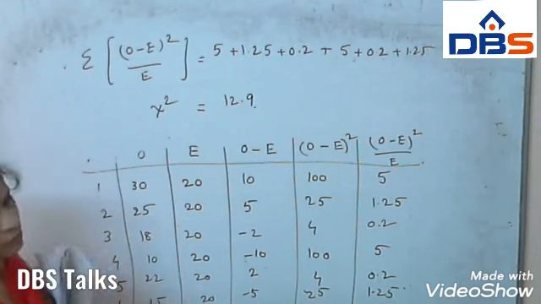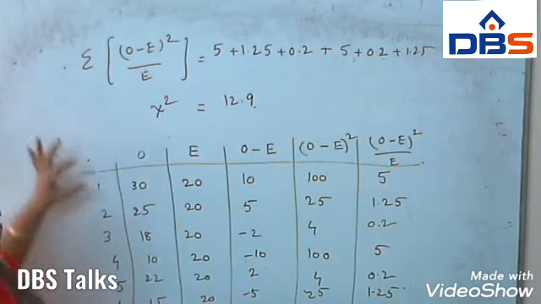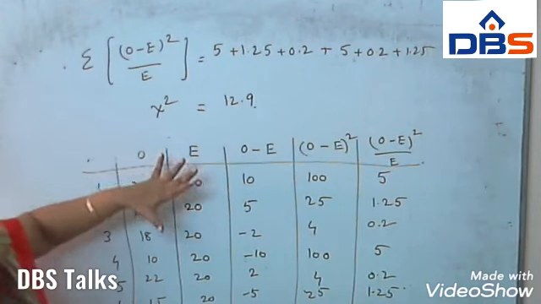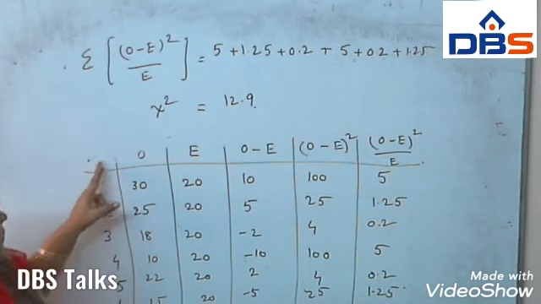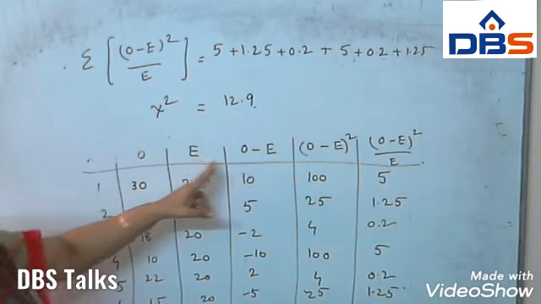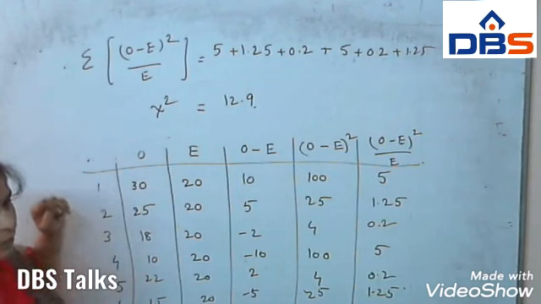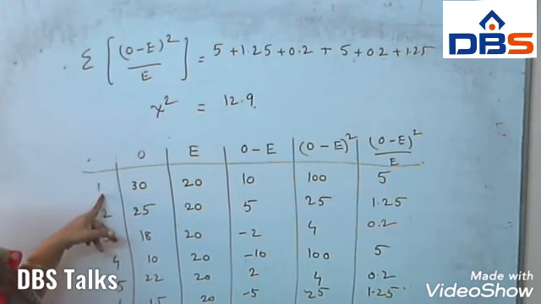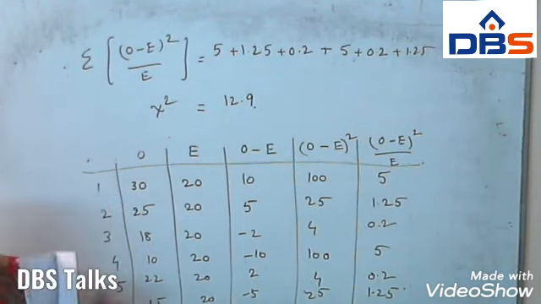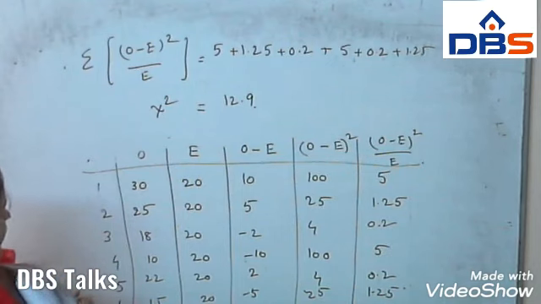So first we have to calculate the value of chi square from the formula. For that we have to compare O and E using this table: X, O, E, O minus E whole square, O minus E whole square by E. First X is 1. O is 30.